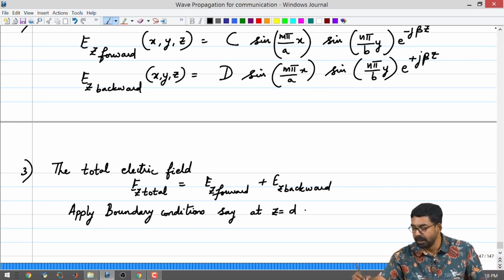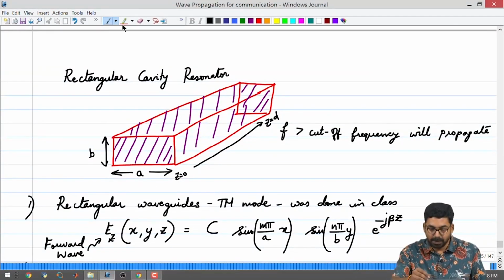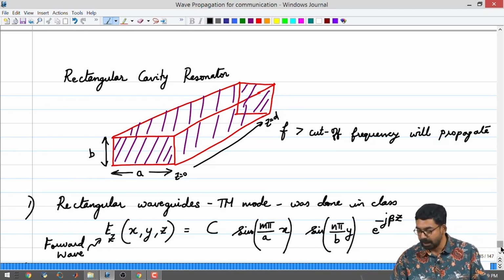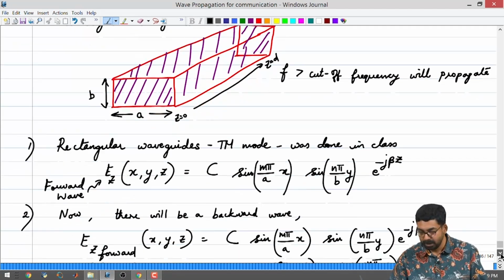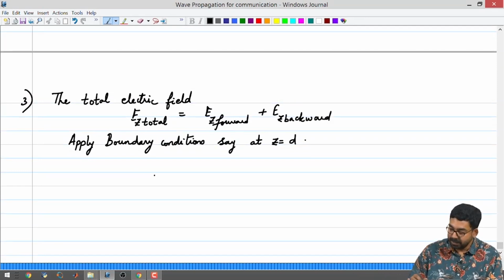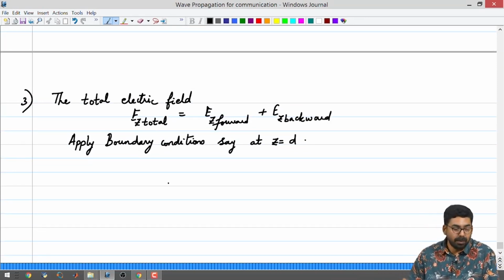Now, in the diagram z equal to 0 corresponds to the place where is one extremum, z equal to d is the other extremum. You can apply the boundary condition either here or here, it does not matter, it will be identical. So, I am just taking one place and we can say that at that place the boundary condition is going to be that Ez forward is going to be Ez backward, because it is the normal component and that is completely reflected back.